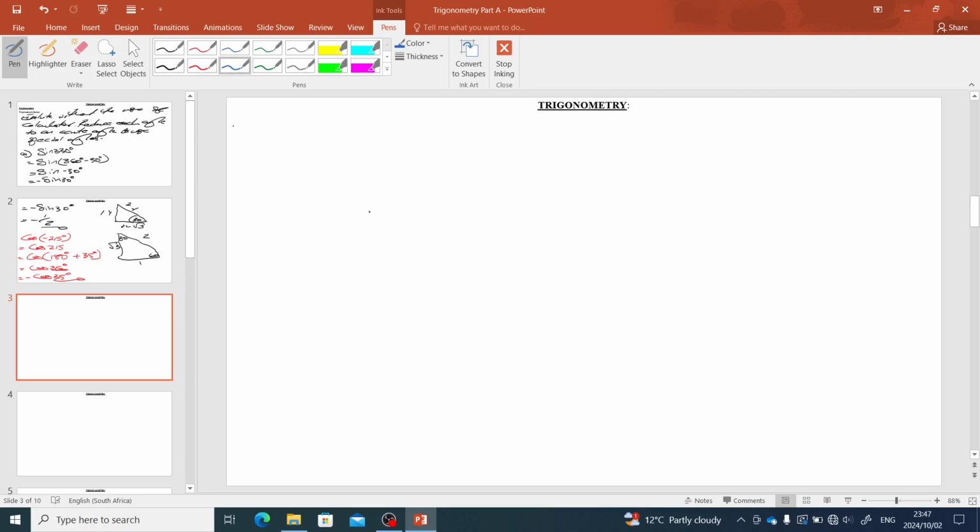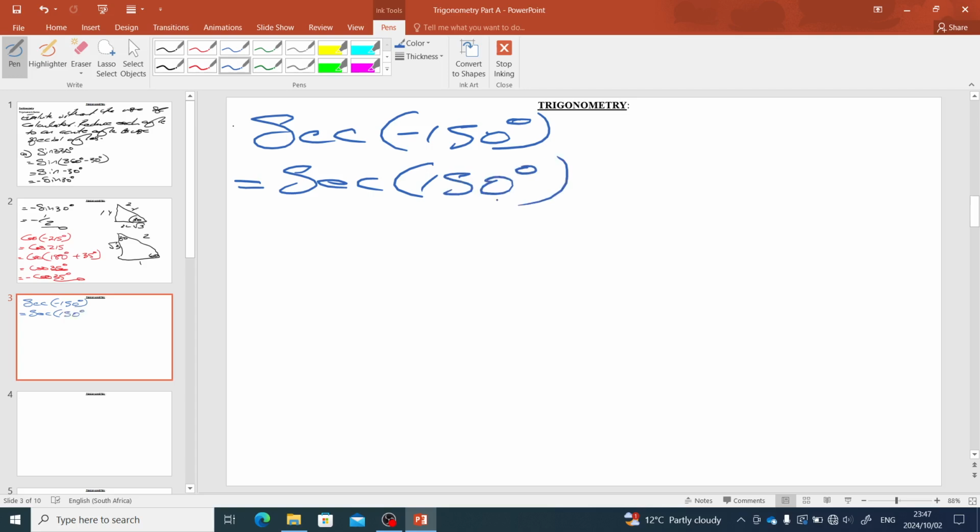Okay. Now let's look at another equation. All right. Let's say we are given sec negative 150 degrees. Now in using the negative, then we will have sec 150 degrees. It will be positive in removing the brackets.